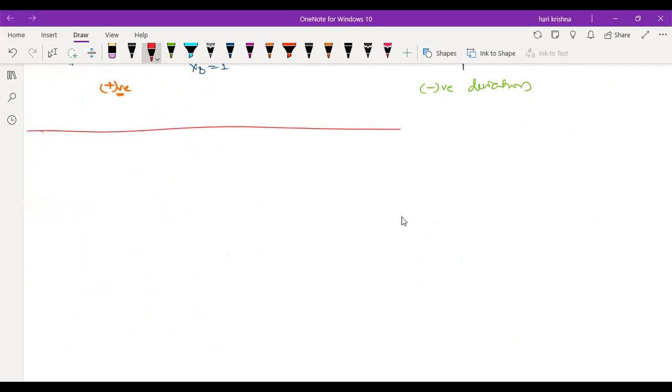So first I'll write the ideal solutions here. So these are ideal solutions.